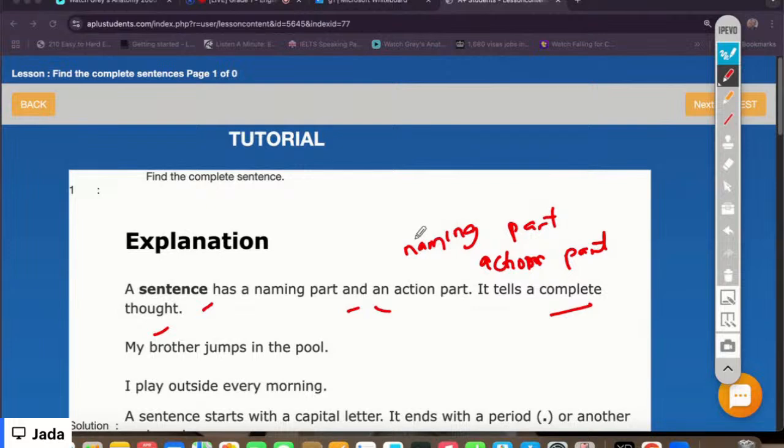So we have some examples here. We have the first one. My brother jumps in the pool. Now, if you see my brother jumps in the pool, naming part, my brother. And then the action part is jumps in the pool. So jump here would be the action. Remember that verbs are action words, right?